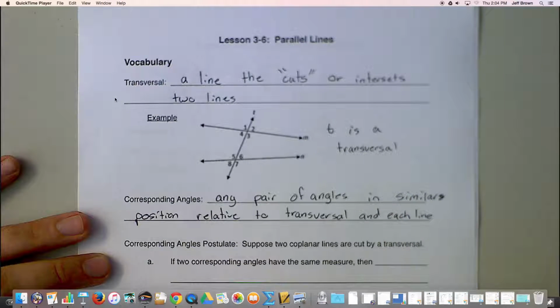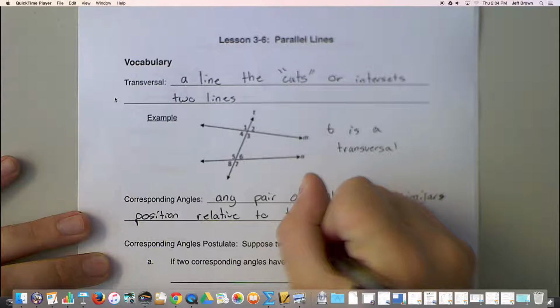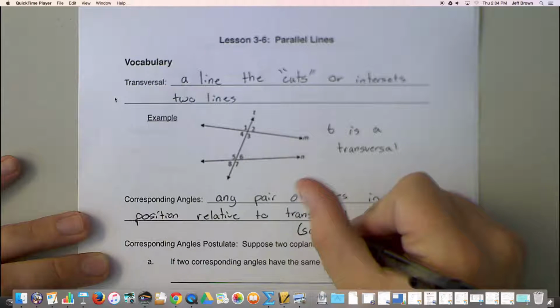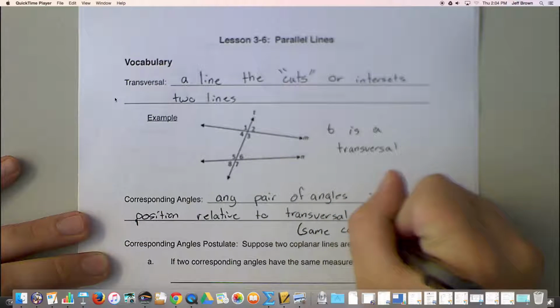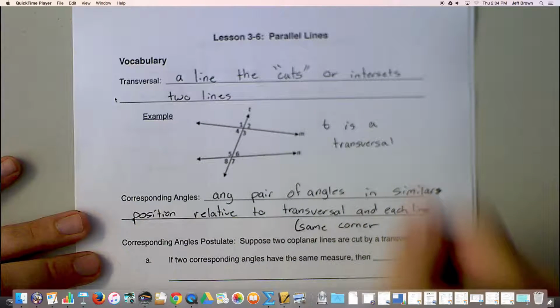In other words, these are the angles that are sitting in the same corner when we look at our two intersection points. So we're going to look at an example of these here in a second.